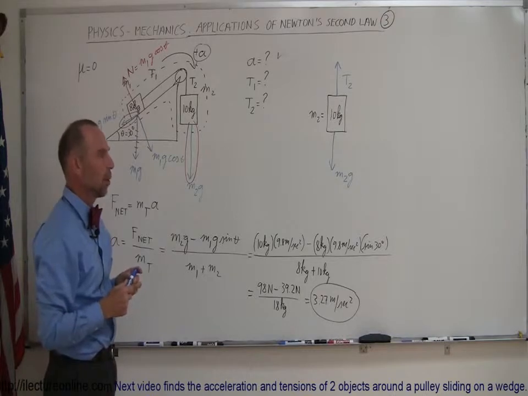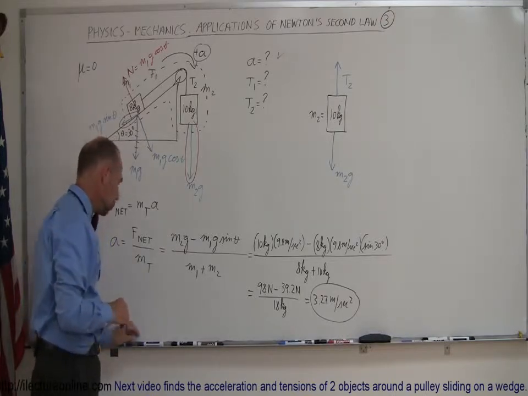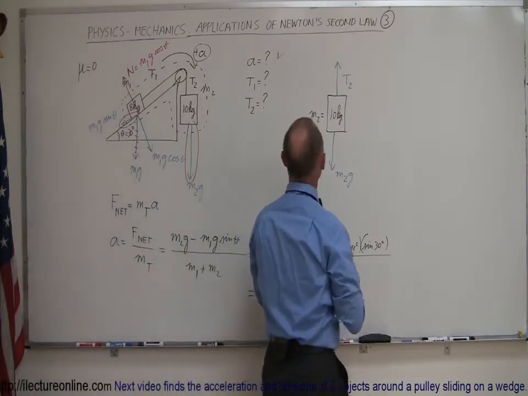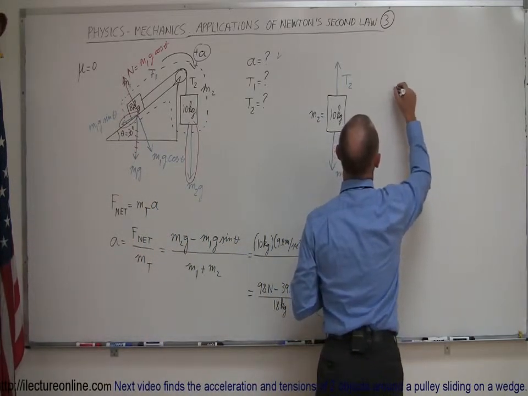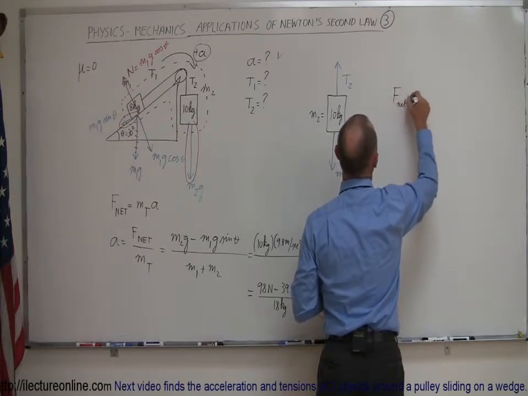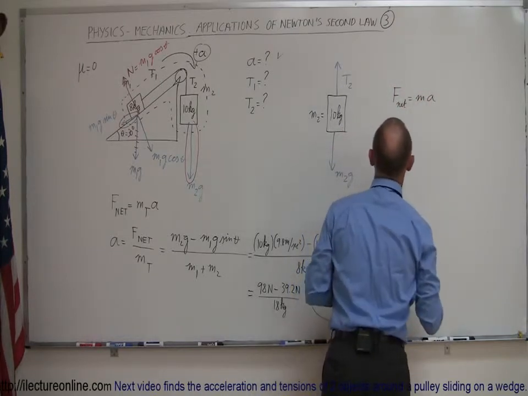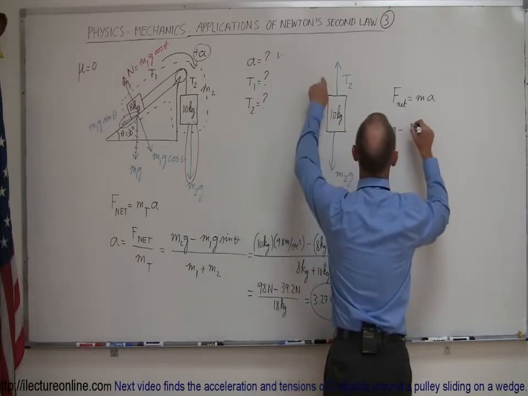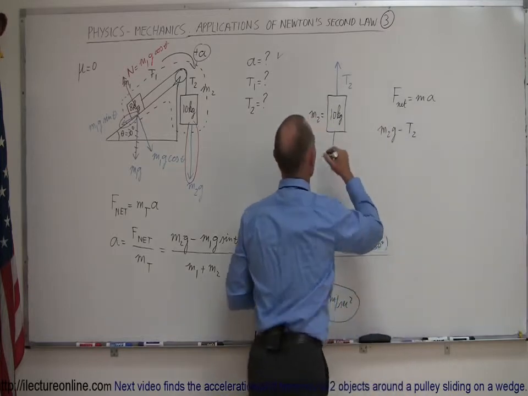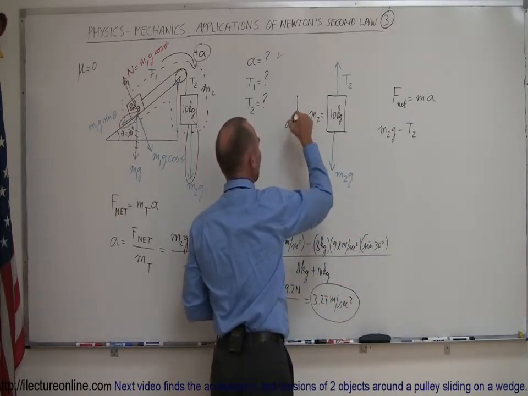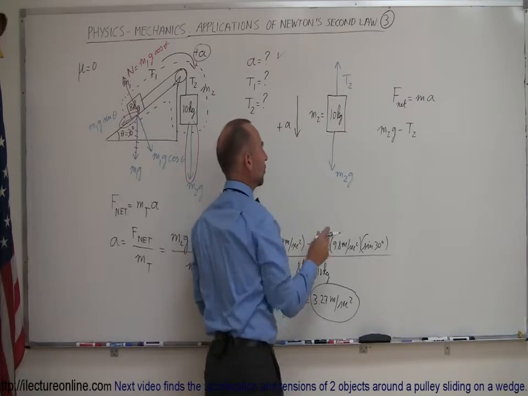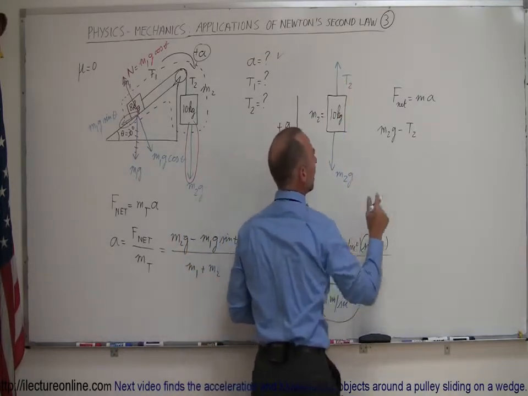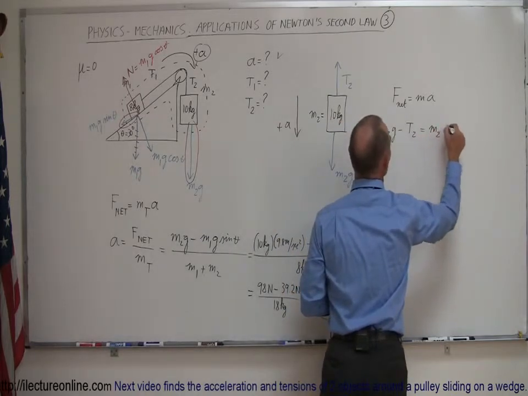What I could do here is use the second law of Newton, that we can say that F net equals m times acceleration, and since the net force would be m2g minus tension 2, because again, I'm assuming the acceleration to be in this direction, so I'll call this the positive acceleration, so this minus this, this is aiding, this is opposing the acceleration, and that is equal to m2 times a.